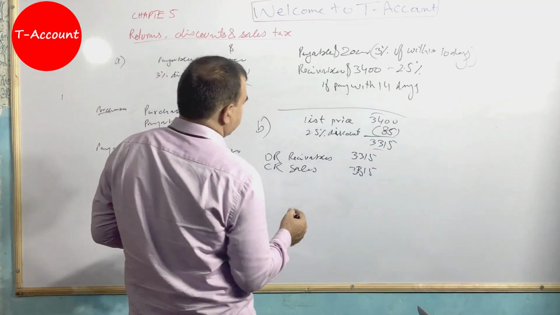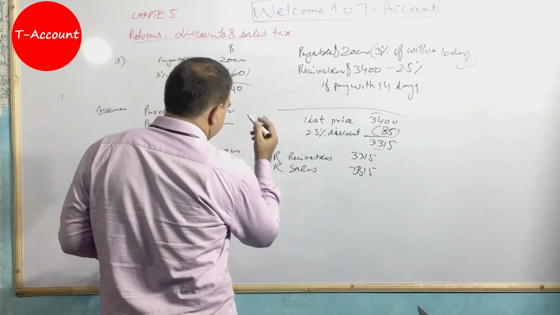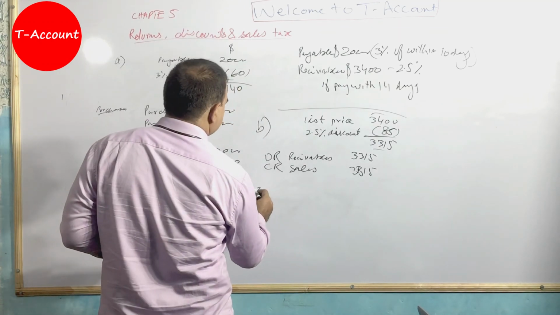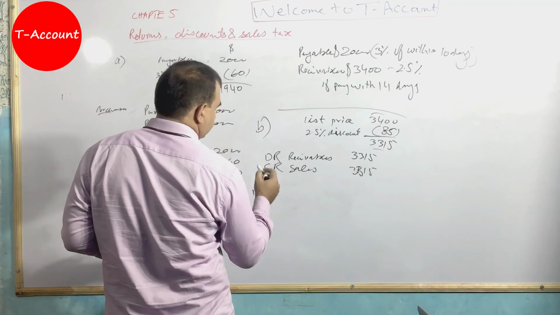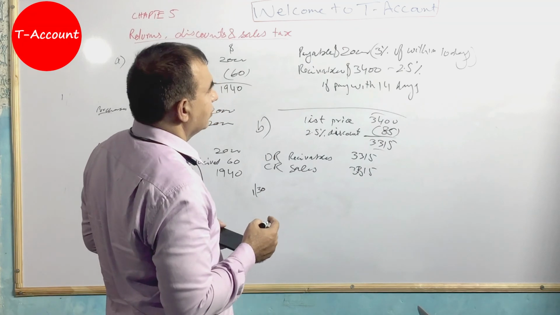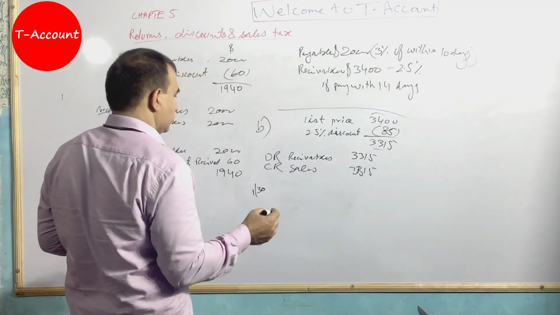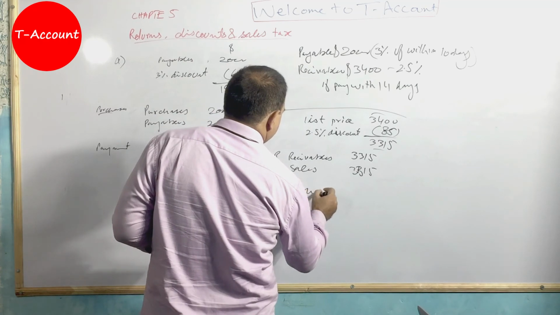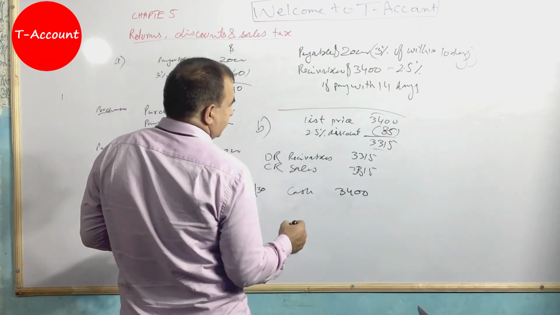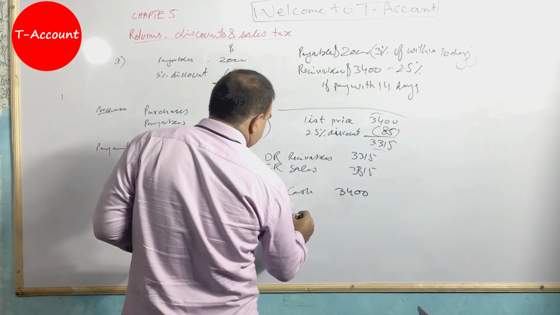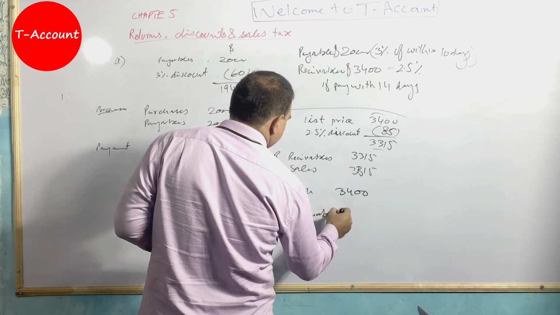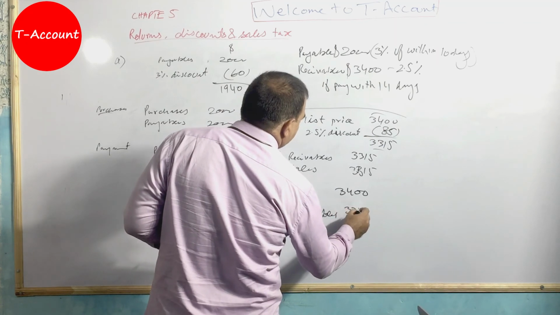Now what actually happened? She didn't take advantage. Instead of coming before the 14th, she came on the 30th, let's say 30th January, and she paid that amount. Now she will not pay 3315, rather she will pay the full amount. So George will receive cash of 3400, whereas he has receivables of only 3315.